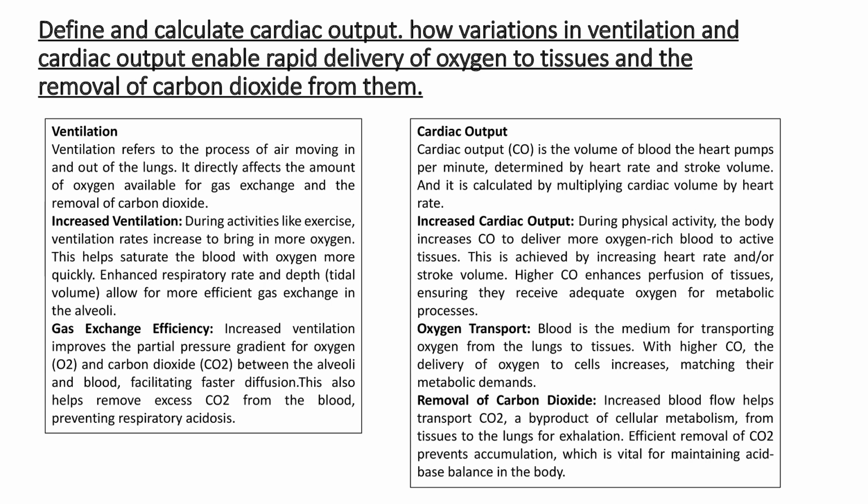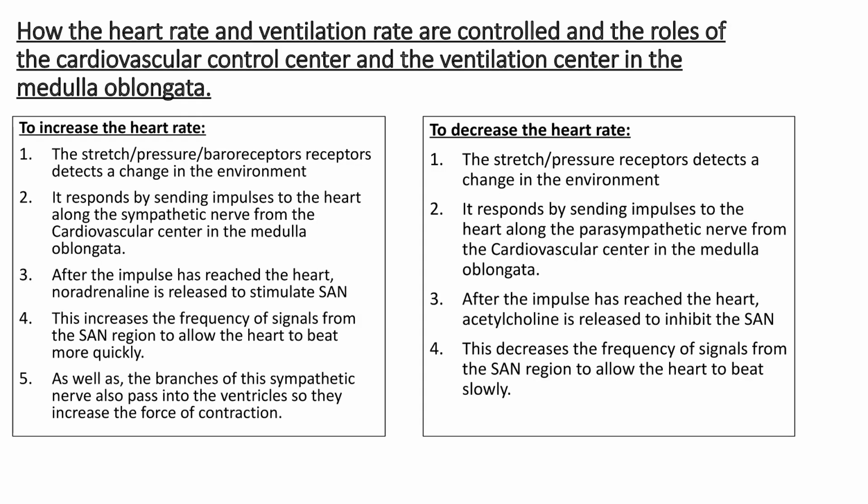Efficient removal of CO2 prevents accumulation, which is vital for maintaining acid-base balance in the body. Now, a little previous chapter review. Cellular metabolism is basically cellular respiration, which produces the byproduct carbon dioxide.